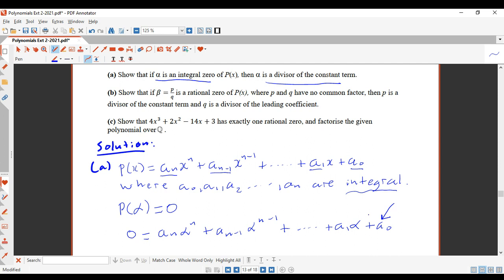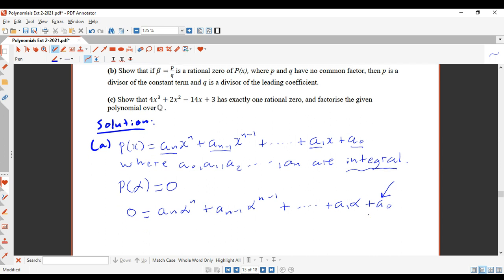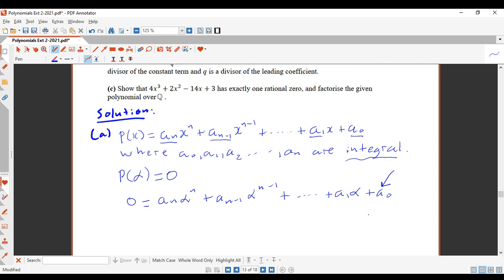So I want to show that alpha is a divisor of the constant term. So what we could do is make the constant term the subject. Okay, so if we do that, a naught, that means everything on this side will be negative, won't it?